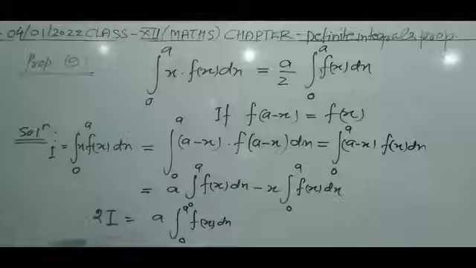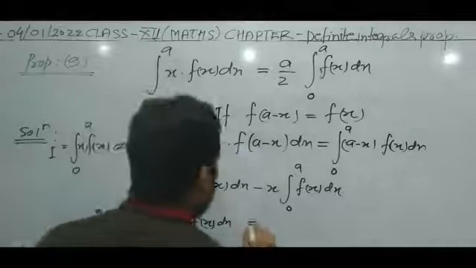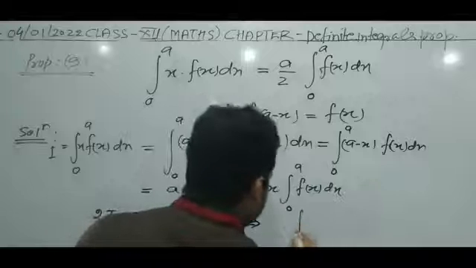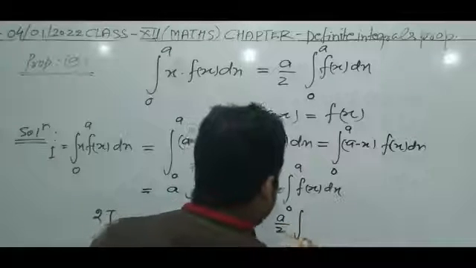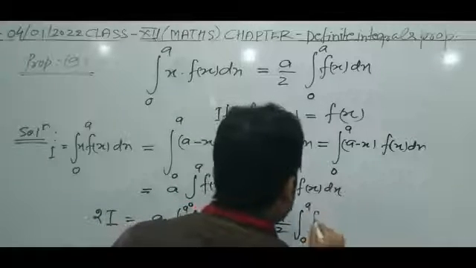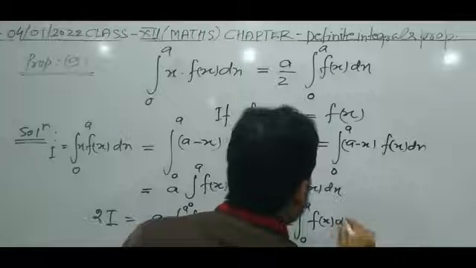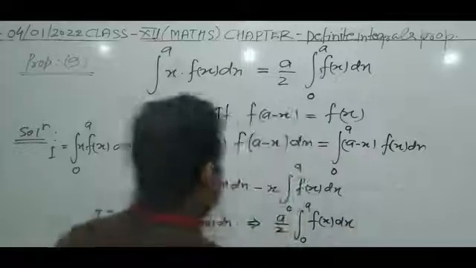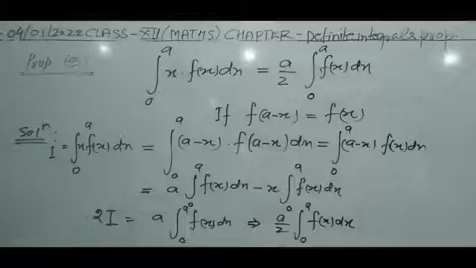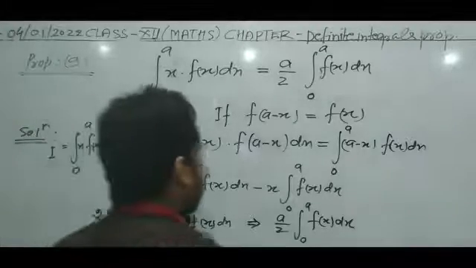So 2 will transfer to the right, and now the result we can write is a by 2 integration over 0 to a of f of x dx. Hence proved.